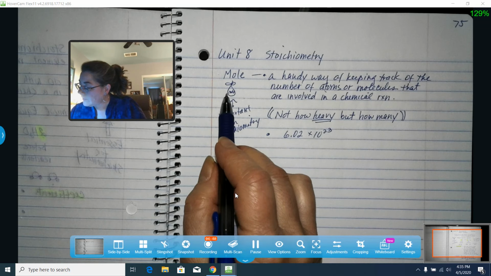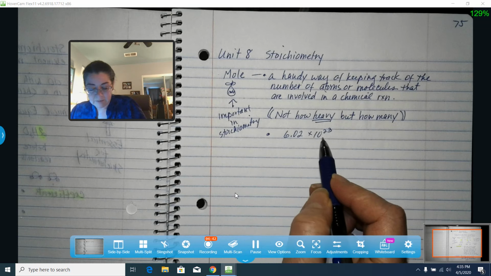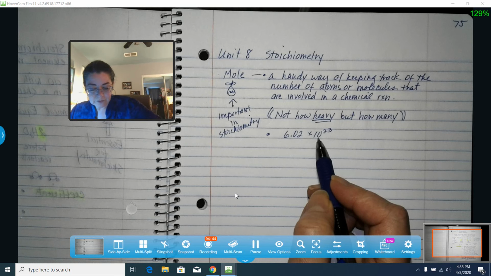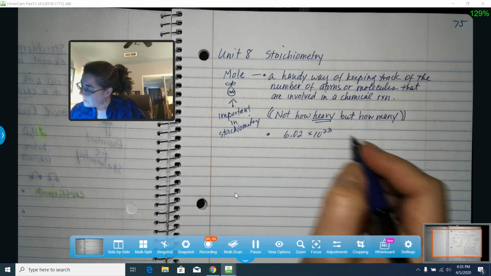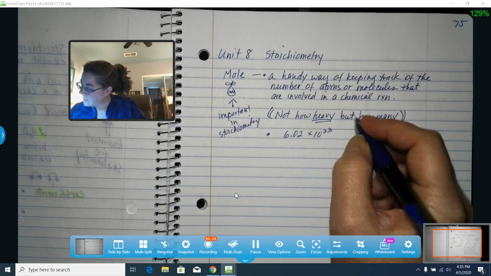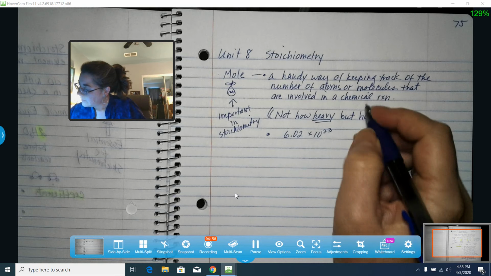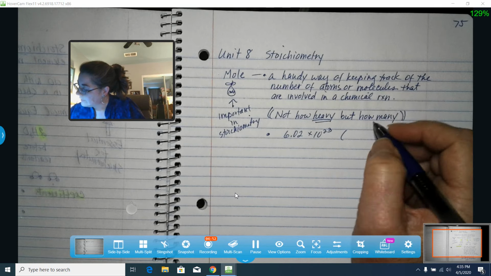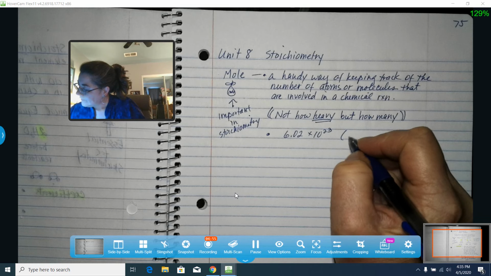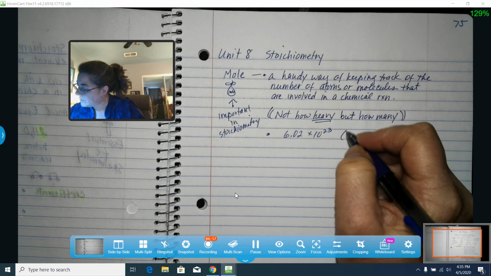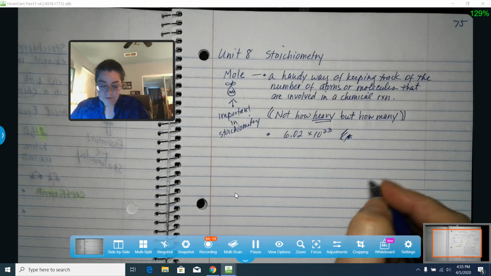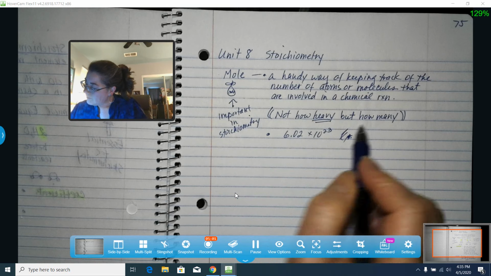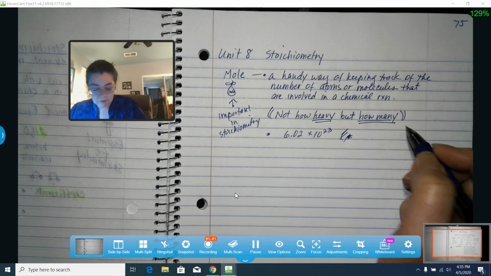If you have a mole of them, then you have this many of them. Okay, so think of it like a dozen. You know what? I'm not going to put that in there. Okay. All right, so the mole answers how many, not how heavy.